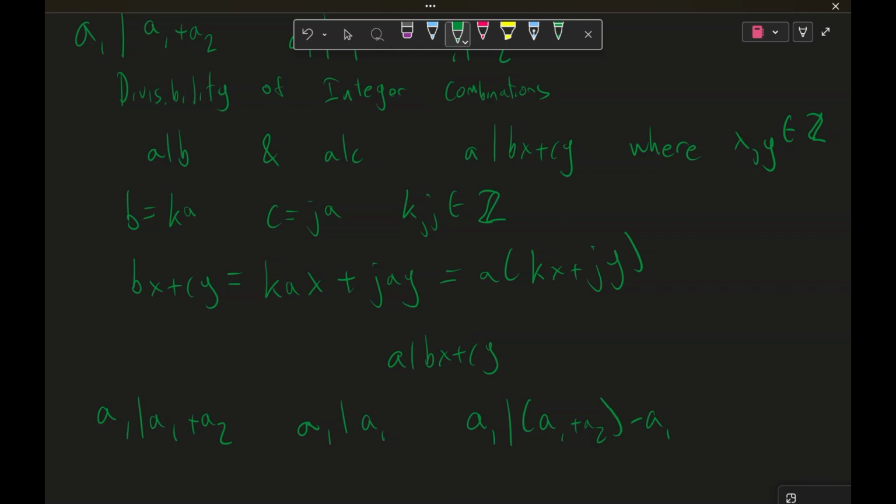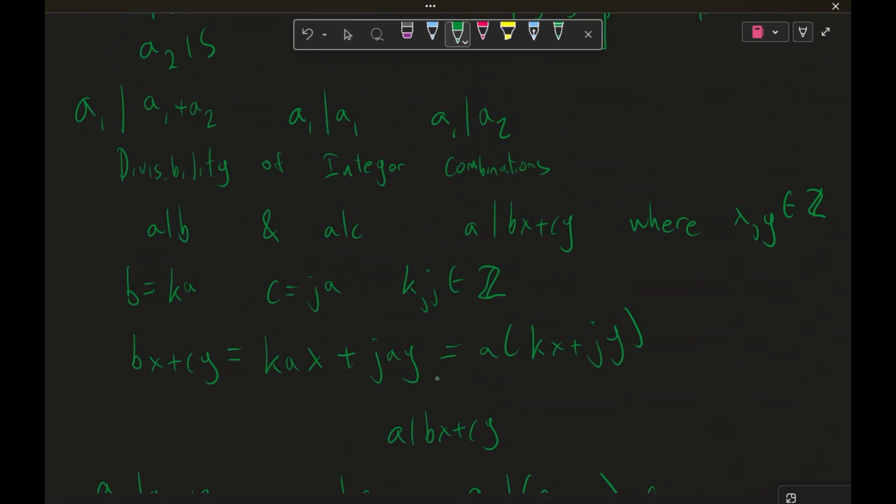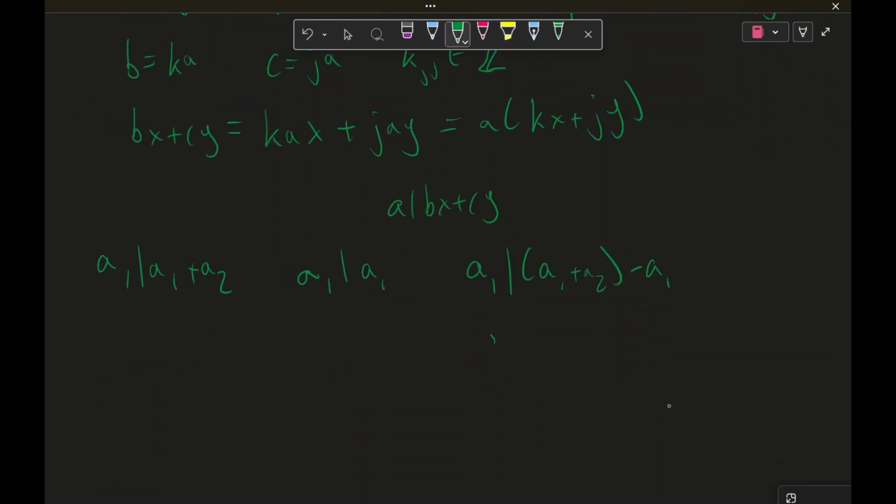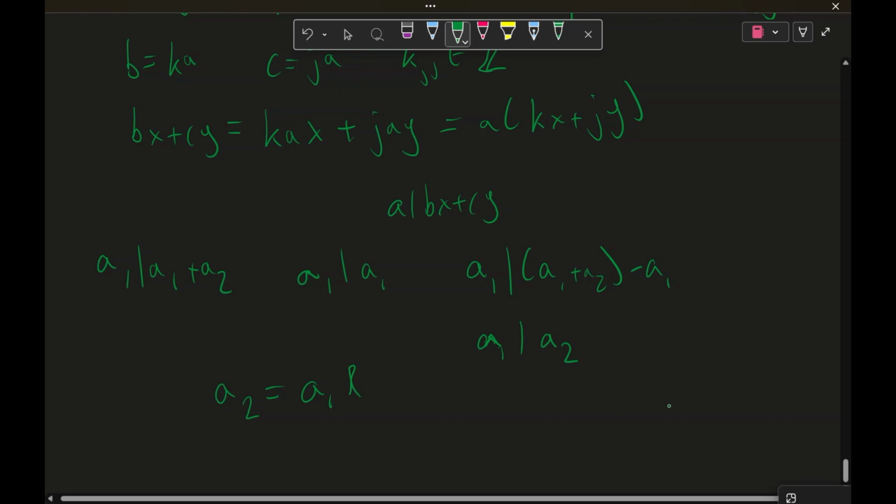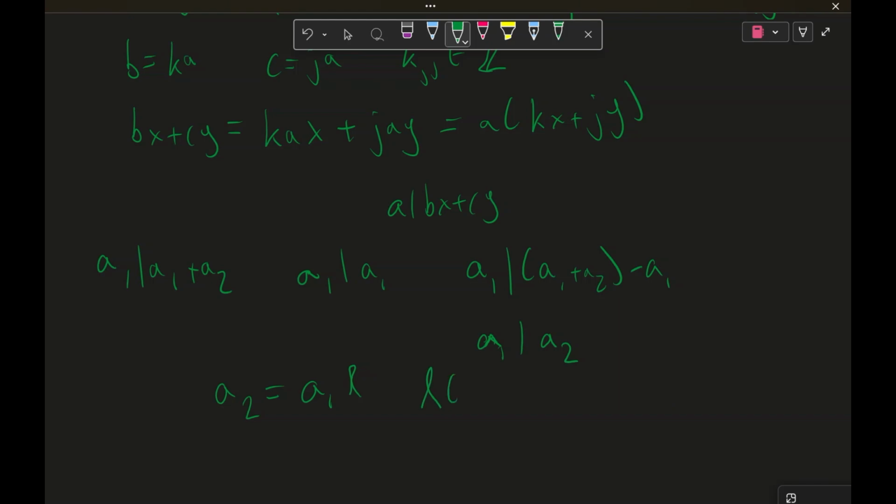In our case, y would be -1, and C would just be A1. And so basically from this we know A1 divides A2. What does this mean? This means A2 is equal to A1 times, I'll just call it L, since I think I've already used k somewhere, for some L in the set of integers. Okay, so what does this mean?